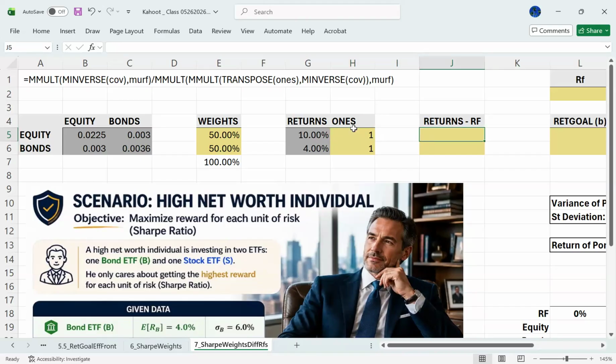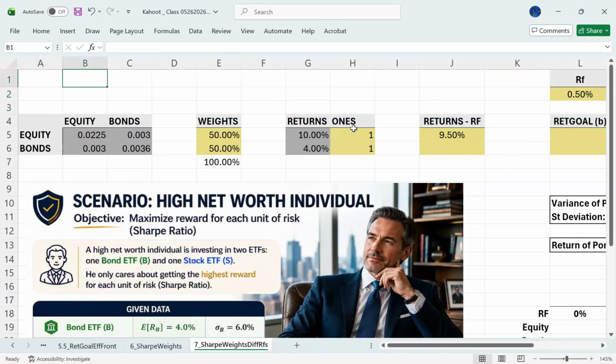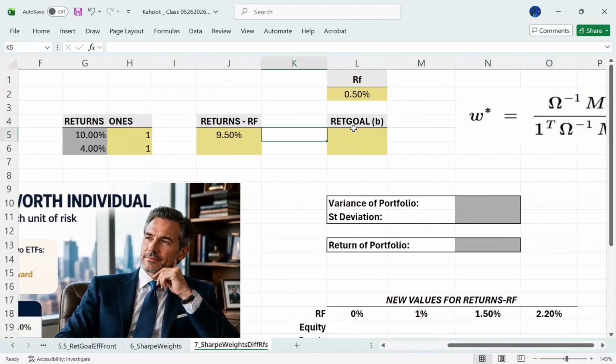Now we're going to call this one mu RF, and mu RF is the returns minus the risk-free rate. Let's assume that the risk-free rate is 0.5%. So the mu RF is just returns minus risk-free rate.